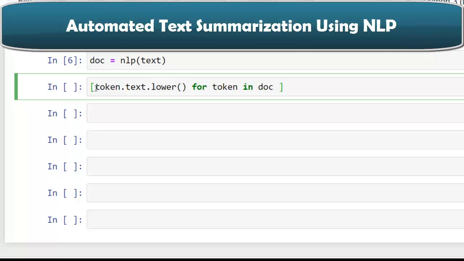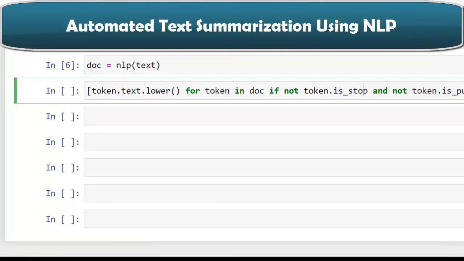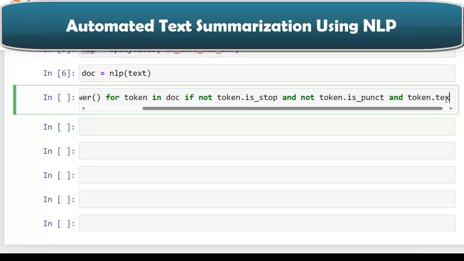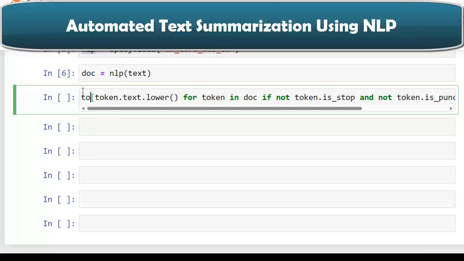So here we are printing the lowercase version of the token if not token.is_stop, so print the token if it is not a stop word, and not token.is_punct, print the token if it is not a punctuation mark. Also token.text not equal to newline. Let me assign it to one variable, tokens equal to this statement.